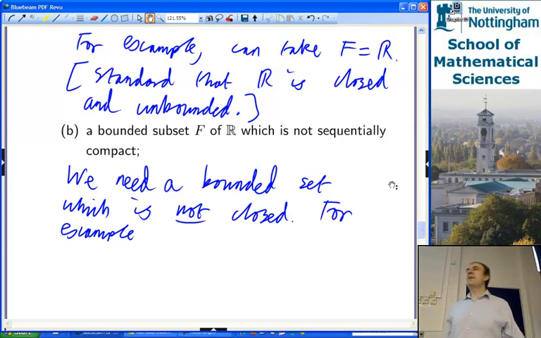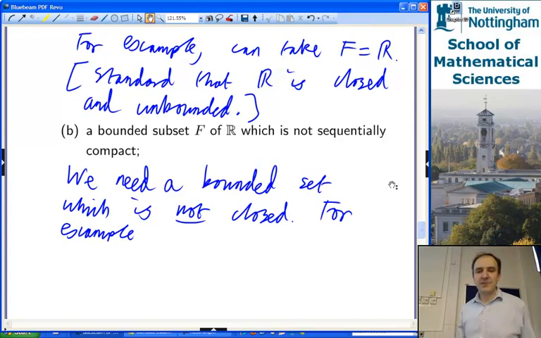So, who's got a favourite example of a bounded set which isn't closed? Anybody want to tell me one? I'm happy to give you one, but if you have one, you can tell me. Nobody wants to tell me one?